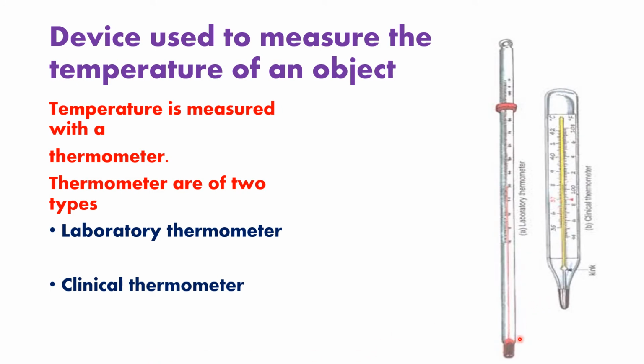So you can see here in the picture, this is the laboratory thermometer, which has high values of reading, while in clinical thermometer it is only the body temperature range that is in that. So if you want to find the temperature of boiling water, you have to use this thermometer.